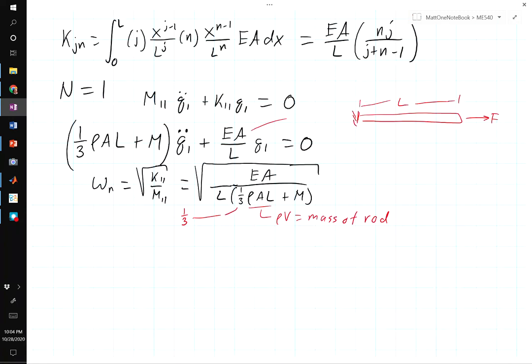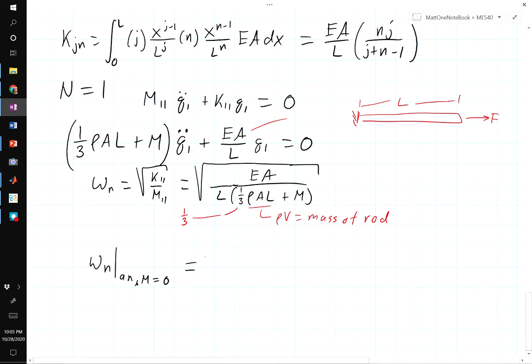All right, so we've got a pretty good approximation for the natural frequency. How do we tell how good that is? One thing we can do is compare this to the analytical natural frequency you would get if you solve the partial differential equations. The solution is easiest to look up for the case where m equals 0, so let's just look at that.